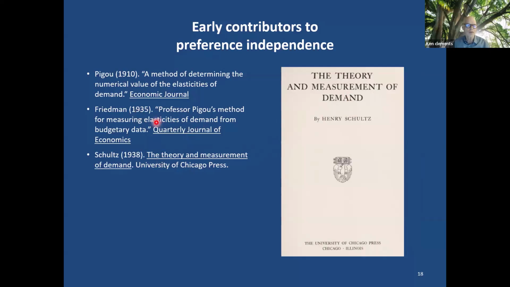Friedman's results in this paper were included in Schultz's book, and Schultz acknowledges Friedman's contribution. But some years later, Friedman, rather precociously, went on to declare that this is a great book written by Henry Schultz. Even the chapters that I didn't write are great.